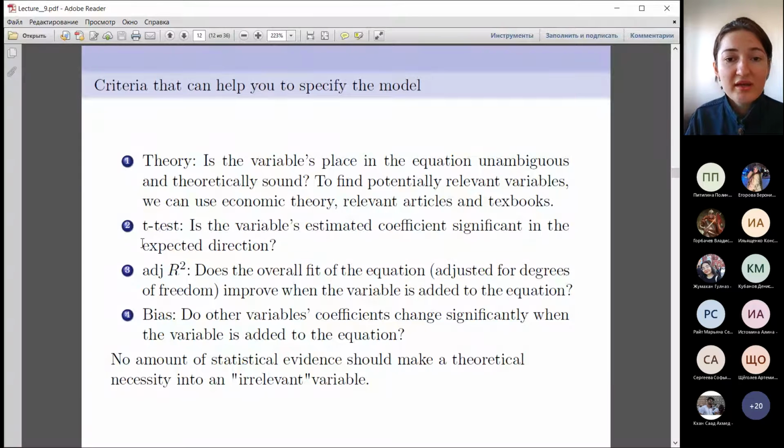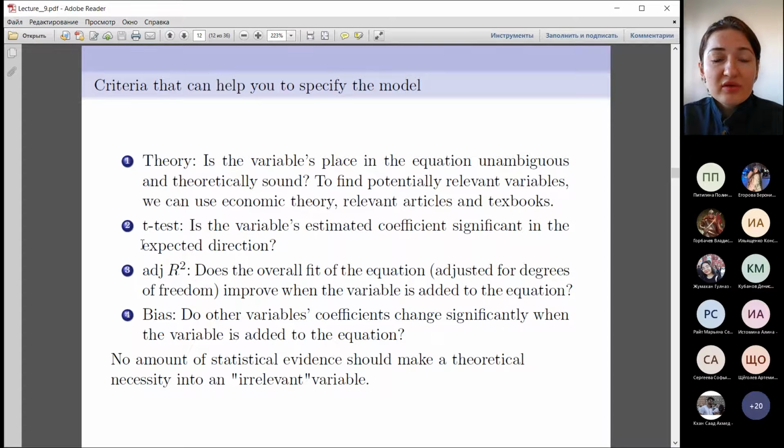So you should find potentially relevant variables from economic theory, business theory, or management theory. You should read relevant articles, textbooks, and other reliable sources. This is the first criterion.